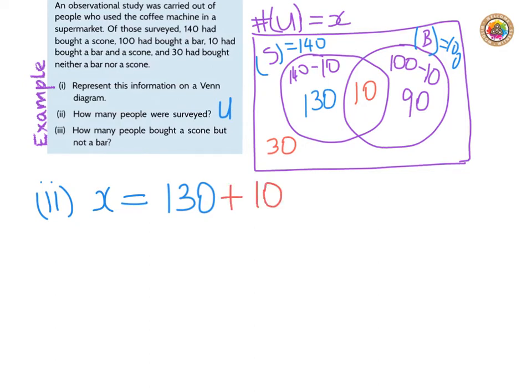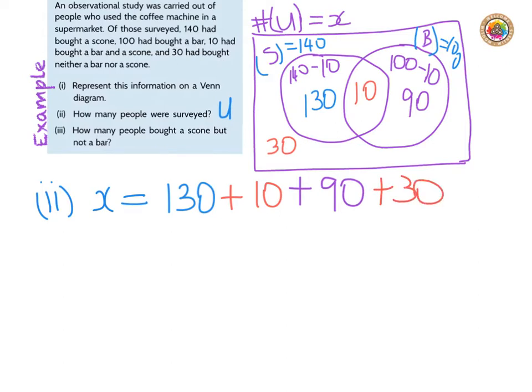And then it also equals this 90 here that just bought a bar, the 90 who bought a bar only. So we'll add this. The other group that we can't forget is our group out here who didn't buy anything with their coffee, these 30 people out here in outer space. So I'll make sure to add those in.